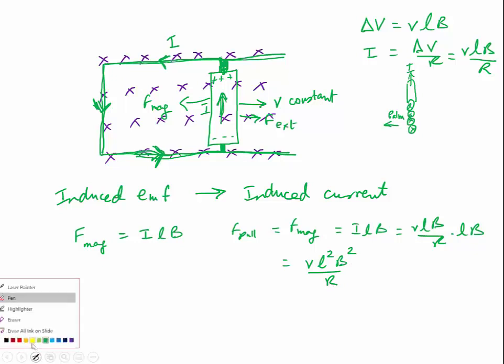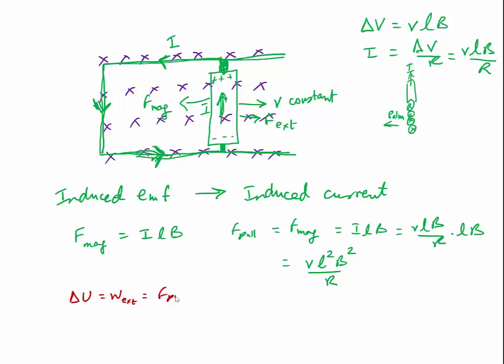Lastly, looking at the energy considerations in this situation, I have delta U, the potential energy, equal to the work done from external force. So that would be equal to the F pull times delta X. And if I divide both sides by delta T, I will get power input.